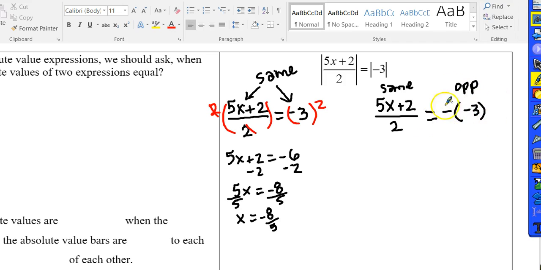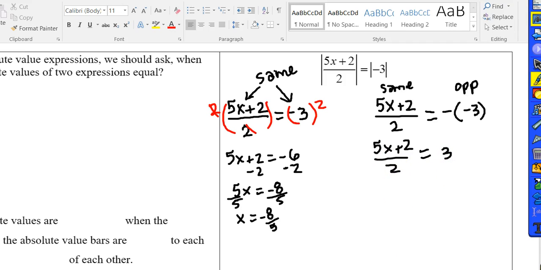Now you could probably just immediately see that that should be a positive 3, because it's the opposite of a negative 3, correct? You may do that immediately, and that's okay. So we're going to get (5x plus 2) over 2 equals 3.